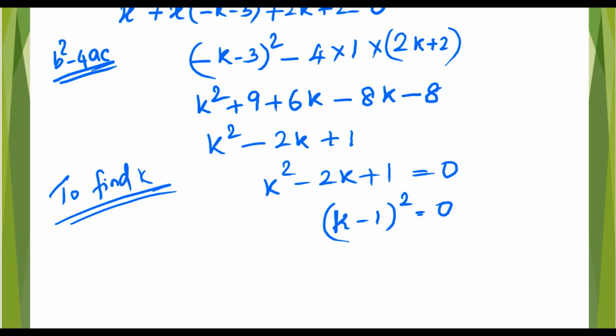And if k takes any other value other than 1, like negative 1 or positive 2 or whatever value, for all the values of k you will get some positive value because it's a whole thing squared. And when k is equal to 1, in that case it will become a tangent. So (k minus 1) the whole squared is greater than or equal to 0 for all the values of k.